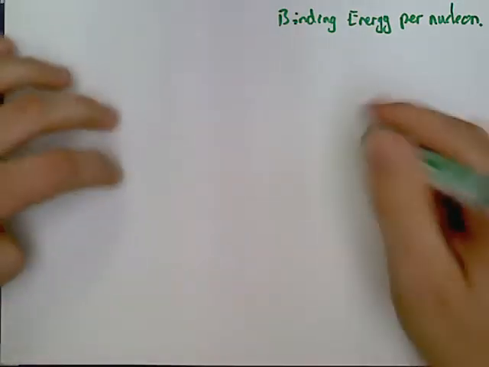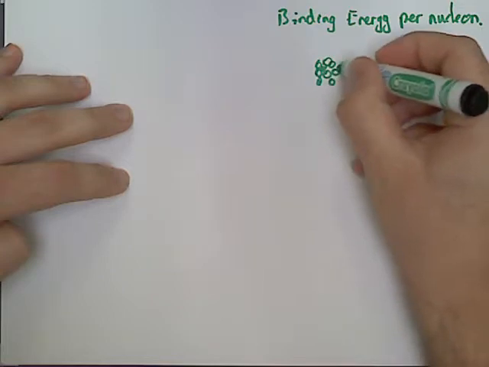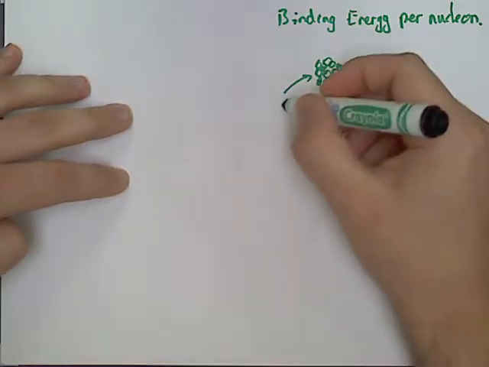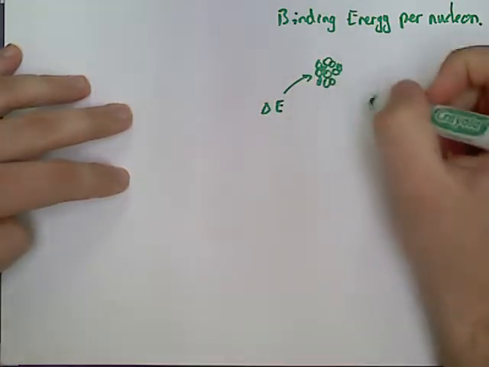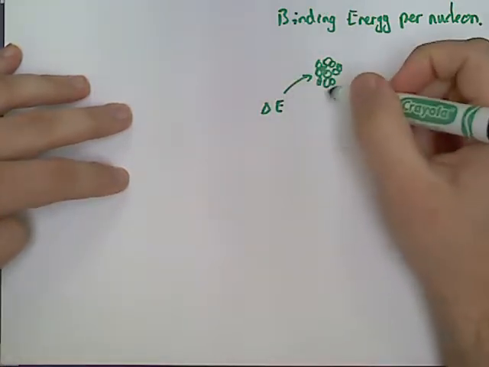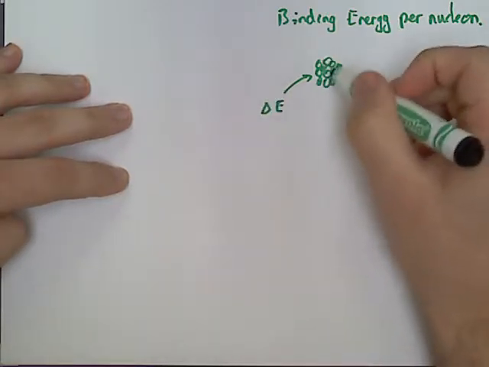So binding energy per nucleon is exactly what it sounds like. If we have a binding energy for a nucleus, as we had last time, then you could work out what this total binding energy is per each nucleon that you have there.